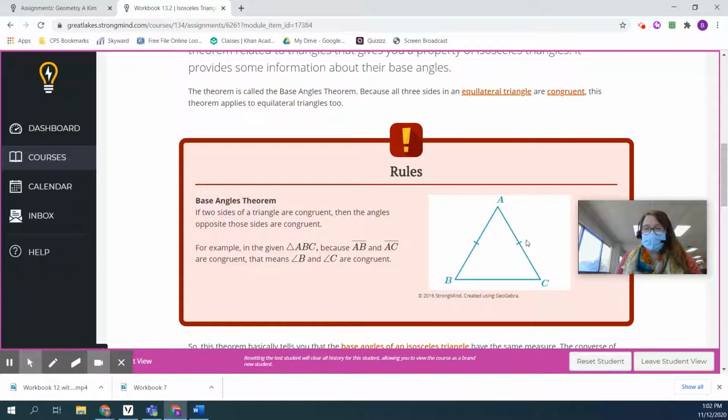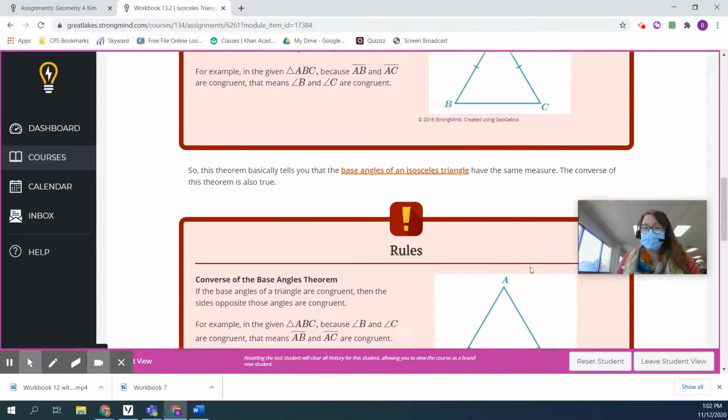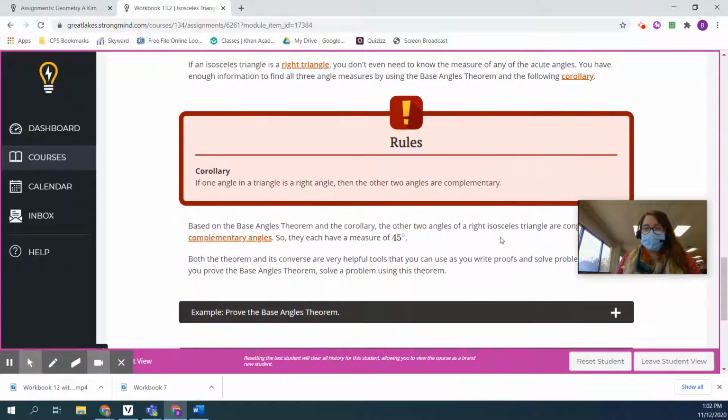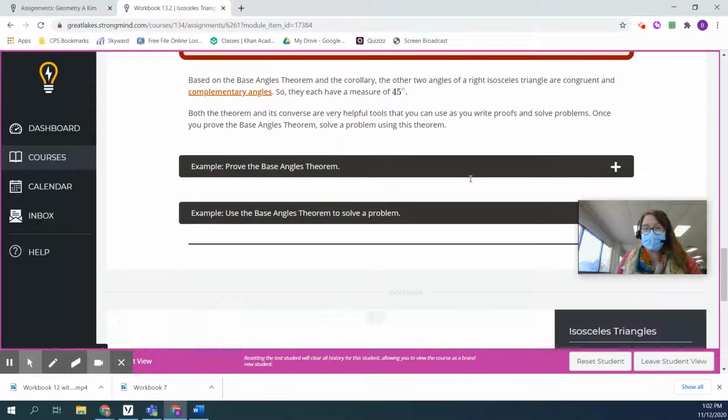And the other way around, if we know that those angles are congruent, then it's an isosceles triangle. And if one angle in the triangle is a right angle, the other two angles are complementary, meaning they add up to 90.